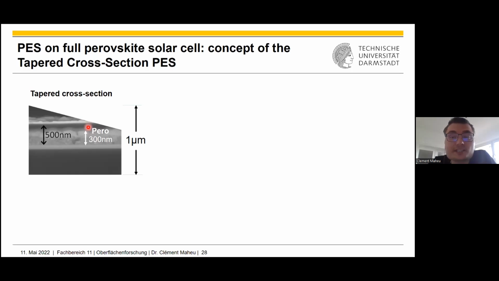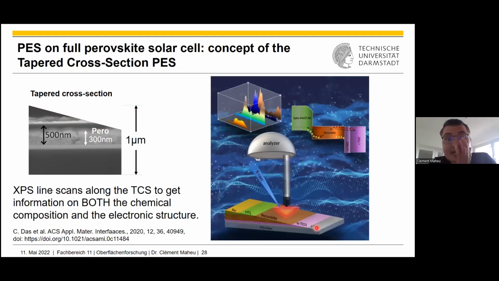If you have a really, really low angle here, then you can really evidence all the different layers, and you can then measure the different layers of your stack just by doing a line scan with XPS, UPS, and again you can get some chemical composition and electronic structure of your device.